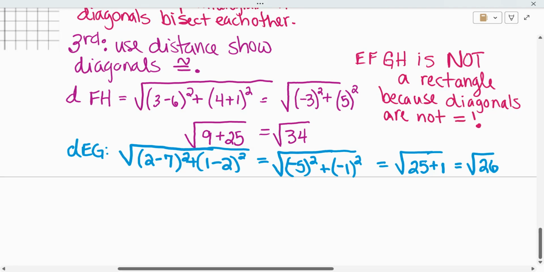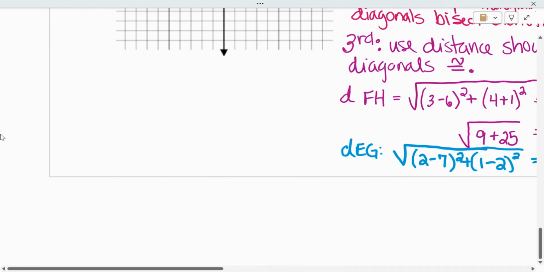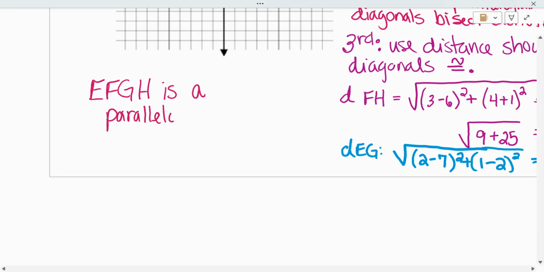So if it is not a rectangle, should we go ahead and try and prove that it's a square? Can it be? No, it cannot. So the only thing that we can say about this is that E, F, G, H is a parallelogram. That's the only thing that we can say.